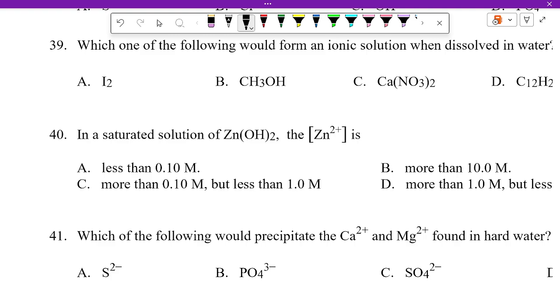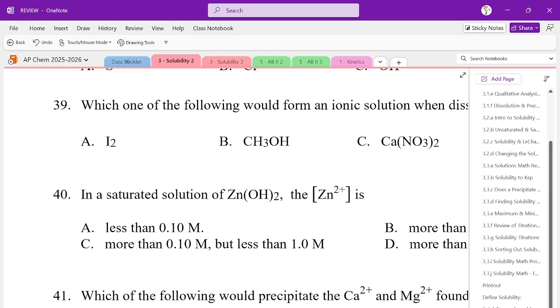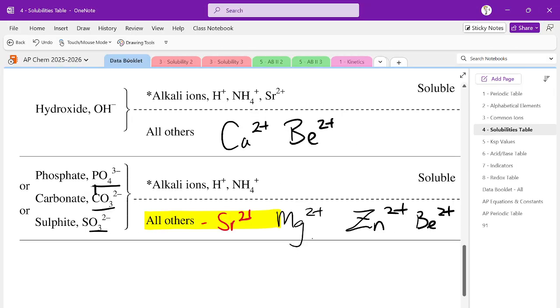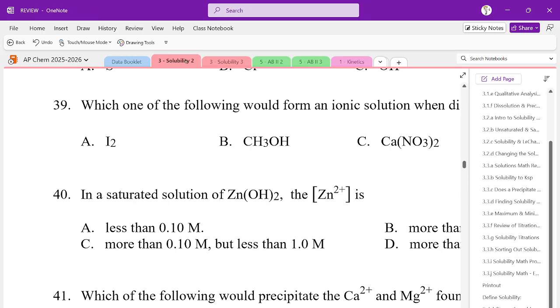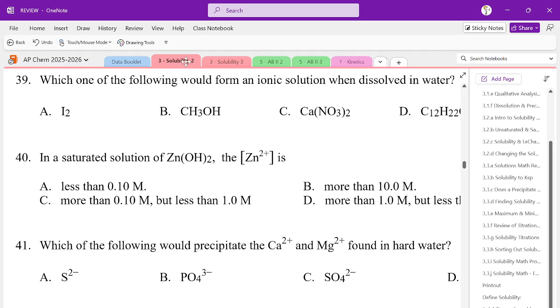So let's go look up zinc hydroxide. I think it's low solubility, but let's check. Yeah, zinc is low solubility with hydroxide. So that means we cannot make 0.1 molar, so its concentration is going to be less than 0.1 molar because it's low solubility.